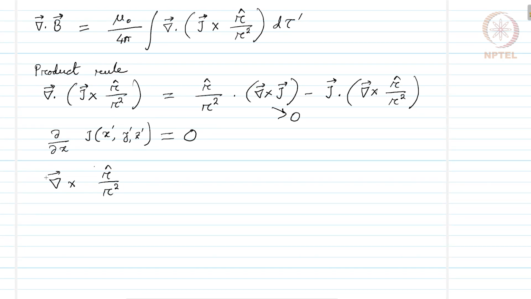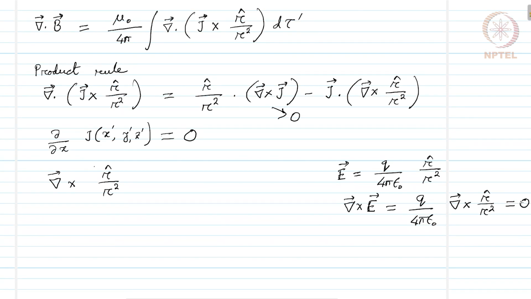How about this quantity? In case of electric field, the expression of electric field was, let me put it as q over 4 pi epsilon naught r cap over r squared for a point charge q at any position vector, and we know that the curl of the electric field equals q over 4 pi epsilon naught curl of r cap over r squared, and this quantity is 0.